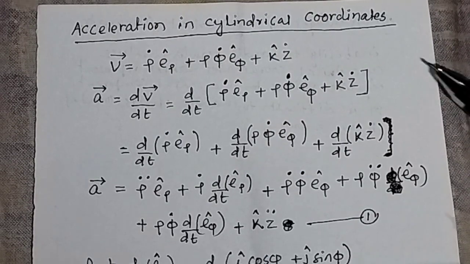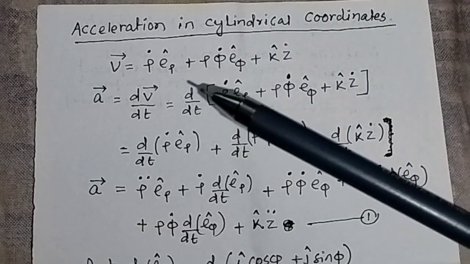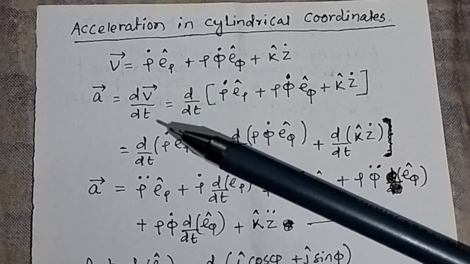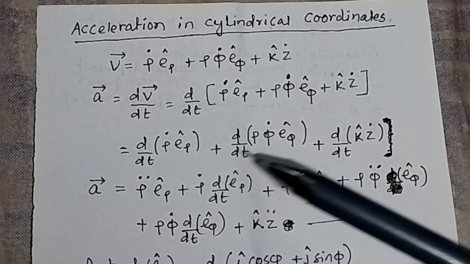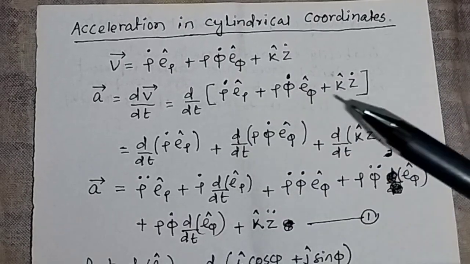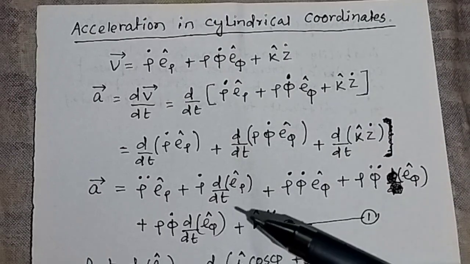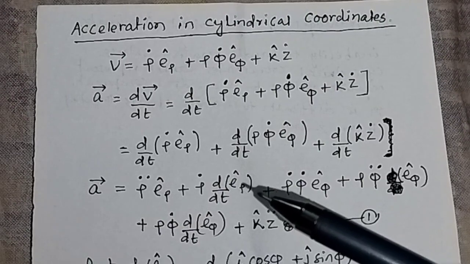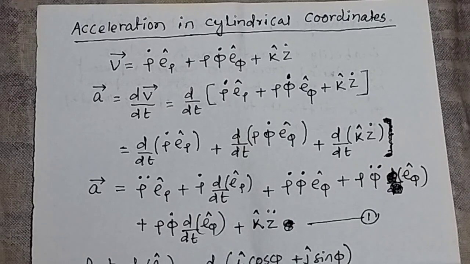Then how will you find the acceleration in cylindrical coordinate? The velocity vector we have found, and if you take the derivative of the velocity vector with respect to t, then we can find the acceleration vector. Here you have two derivatives of unit vectors, e_ρ cap and e_φ cap.